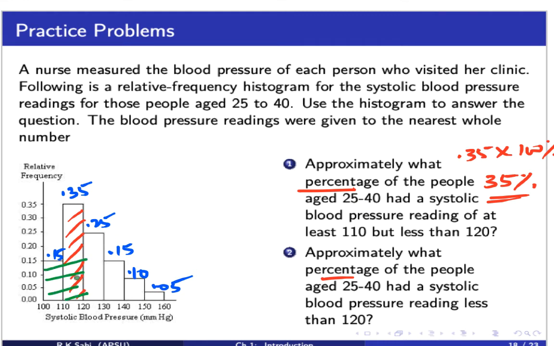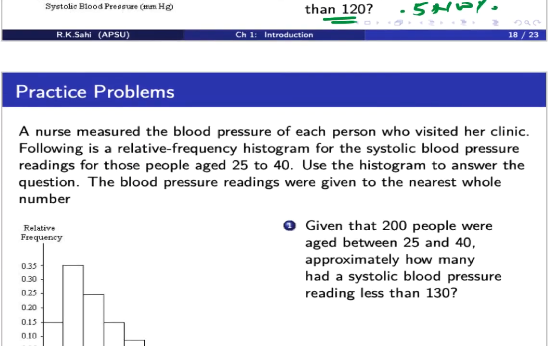So basically everything I'm highlighting with these little green lines is going to be included in this problem of blood pressure reading less than 120. So it's 0.15 plus 0.35, which is 0.5. So 0.5 times 100% is basically 50%. Okay, now let's look at another problem.